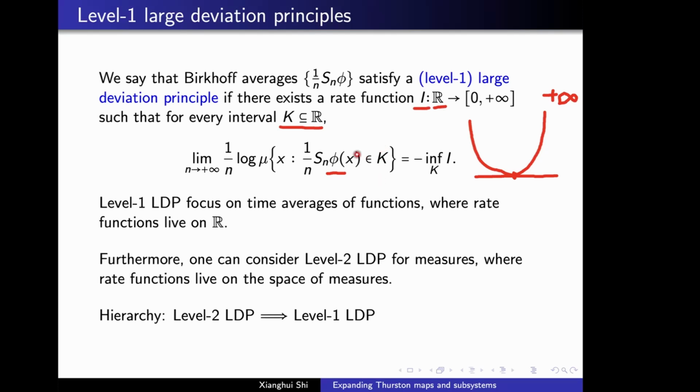Yeah, what I can say is that in our setting, for all expanding Thurston maps, if we consider a Hölder continuous function phi which is non-trivial, meaning it cannot be written as a coboundary, I mean, roughly speaking, phi cannot be a constant, then we can see that this rate function I is real analytic and strictly convex on its domain.